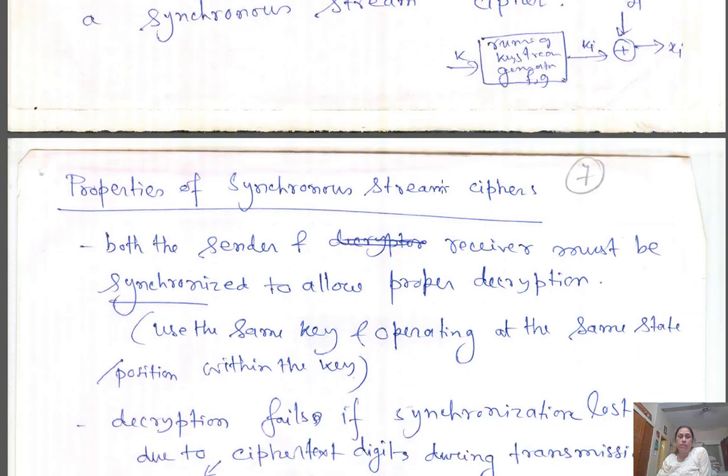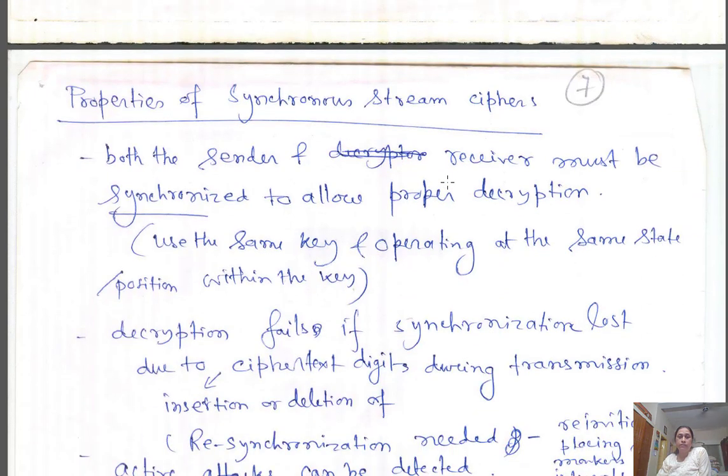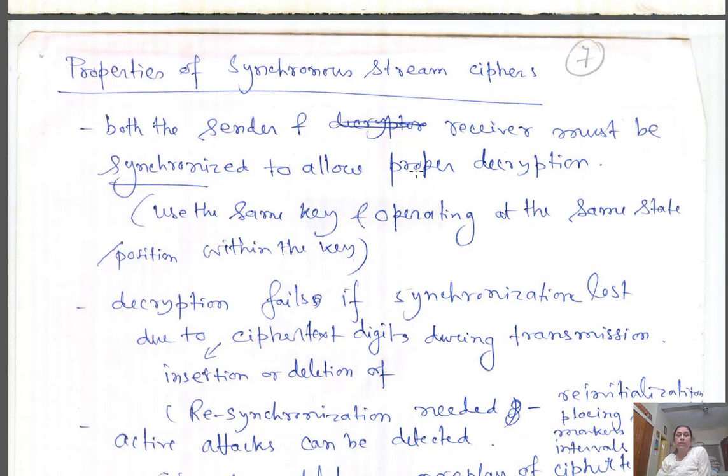Next, a synchronous stream cipher has several interesting features. It has some good things as well as some bad things. The problem with a synchronous stream cipher is that both the sender, meaning the encryptor, and the receiver, meaning the decryptor, must be synchronized.